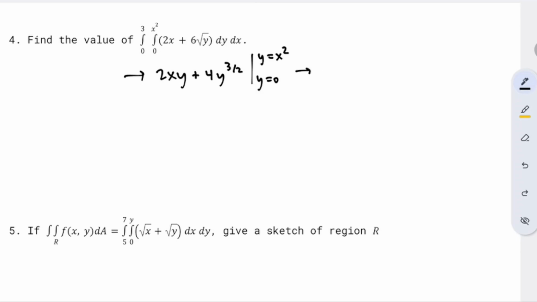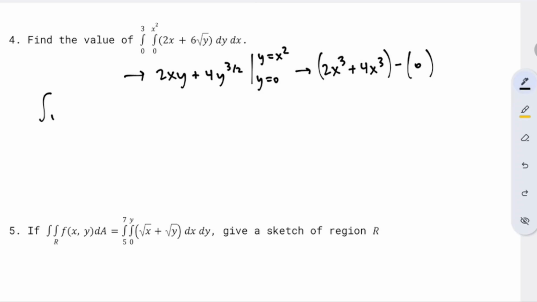Okay, when y equals x squared, I'd have 2x times x squared is 2x cubed. And then x squared to the 3/2 would be x cubed, so plus 4x to the 3. Oh, nice. Okay, and then when y is 0, I'd have 0 plus 0, which would be 0.